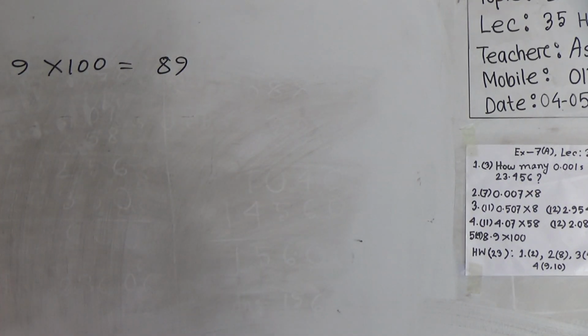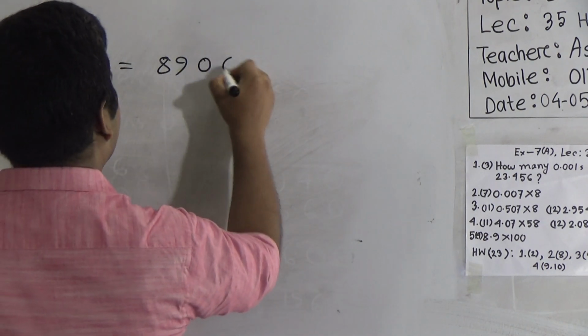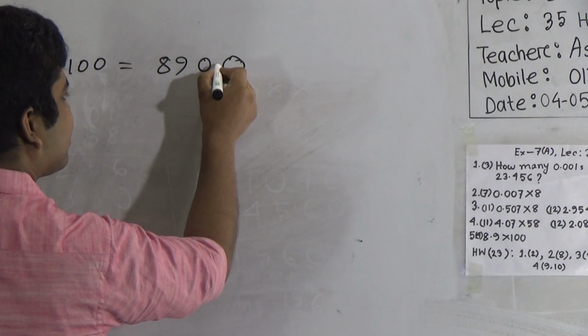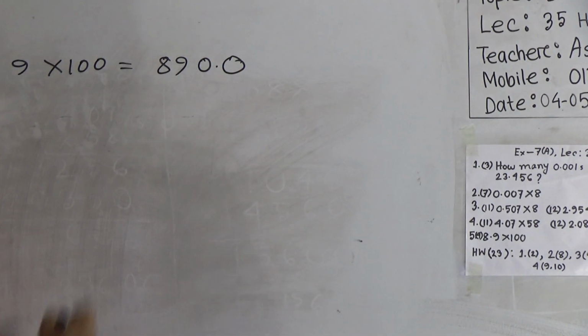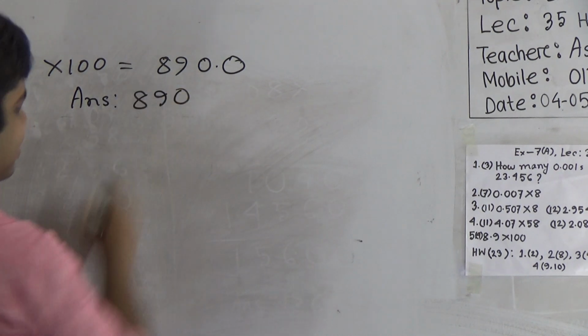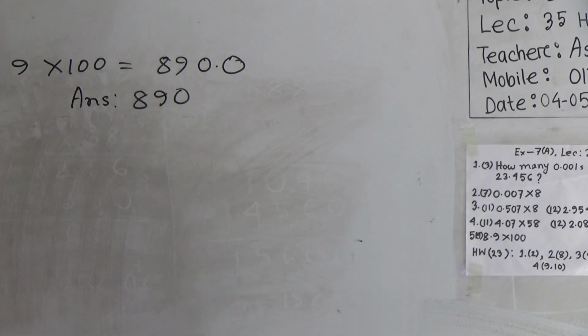Then how many zeros are there? 2 zeros, 1 zero, 2 zeros. So these 2 zeros are written here. Dear student, after the point how many digits? After the point 1 digit. So where will the point be placed? Here. So what will the answer be? The answer will be 890. Okay, I hope you have understood.